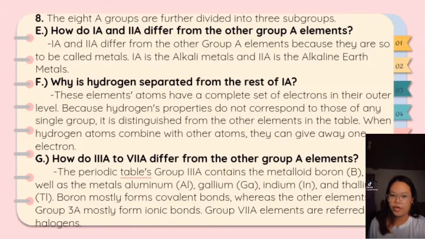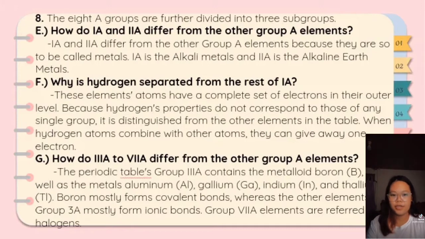So next question, why is hydrogen separated from the rest of group 1A? These elements' atoms have a complete set of electrons in their outer level. Because hydrogen's properties do not correspond to those of any single group, it is distinguished from the other elements in the table. When hydrogen atoms combine with other atoms, they can give away one electron.